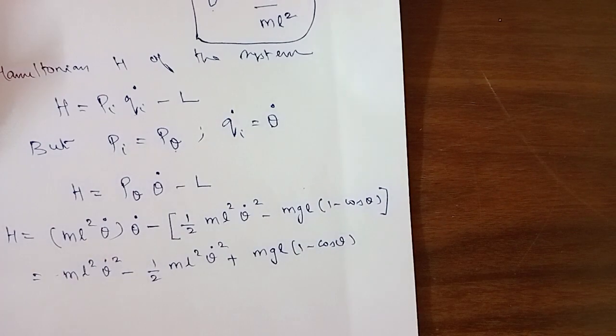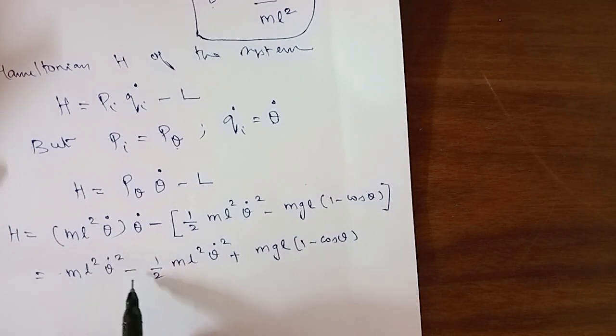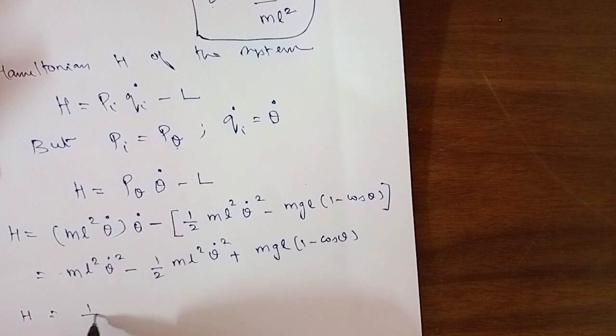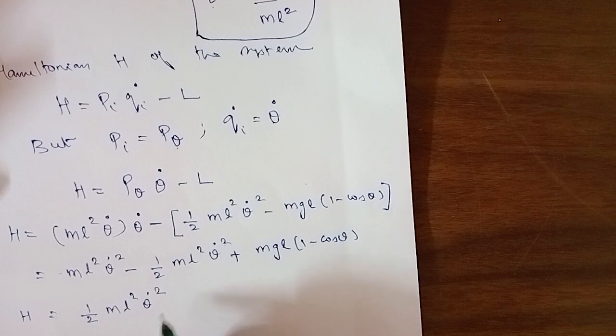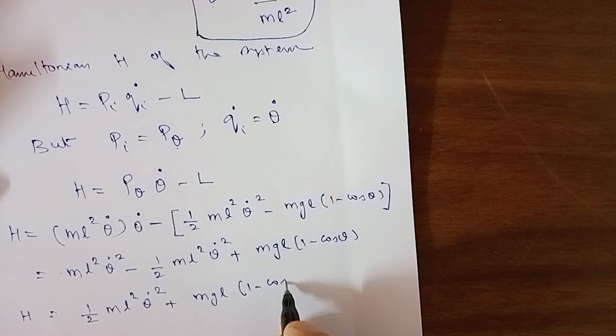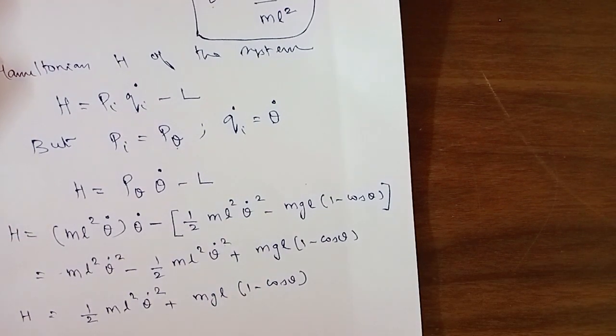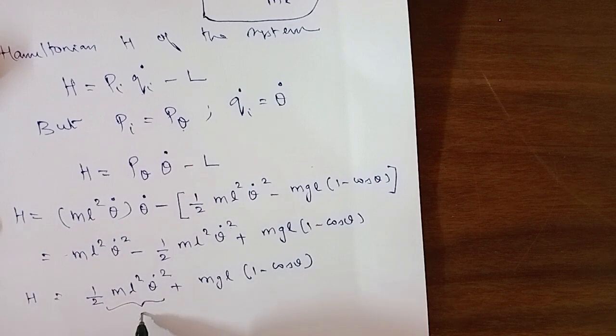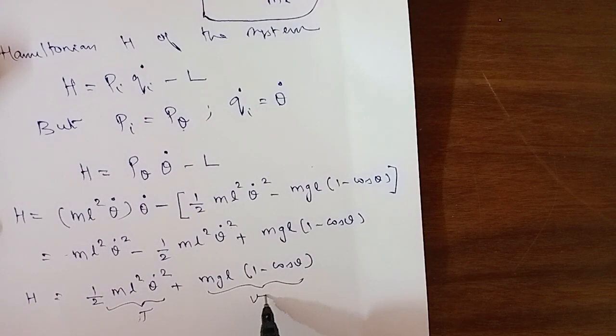Now this is ml square theta dot square minus half ml square theta dot square, so the remaining will be H equal to half ml square theta dot square plus mgl into 1 minus cos theta. Now you see, this represents kinetic energy and this represents potential energy.